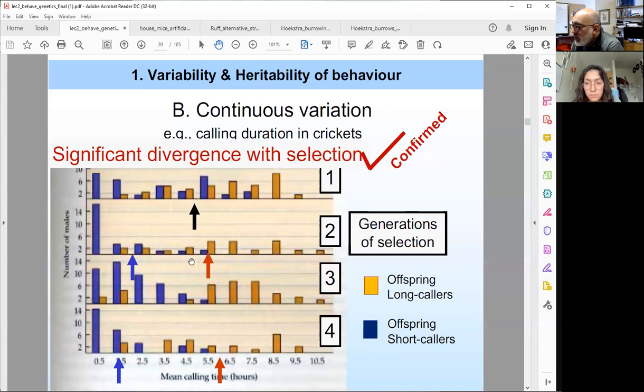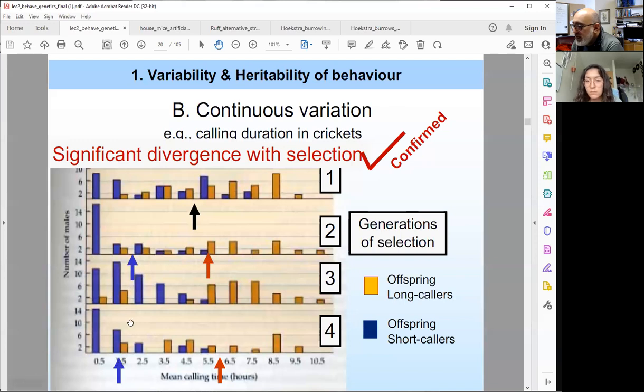And after one generation of selection, you can see that there already is movement away from the average. The crickets that are being selected for longer calls have shifted to the right here so that they are all calling for a longer period of time. The short duration callers are calling for a much shorter period of time.